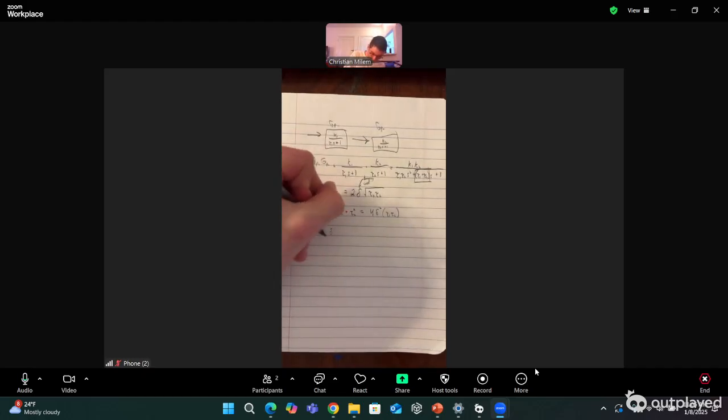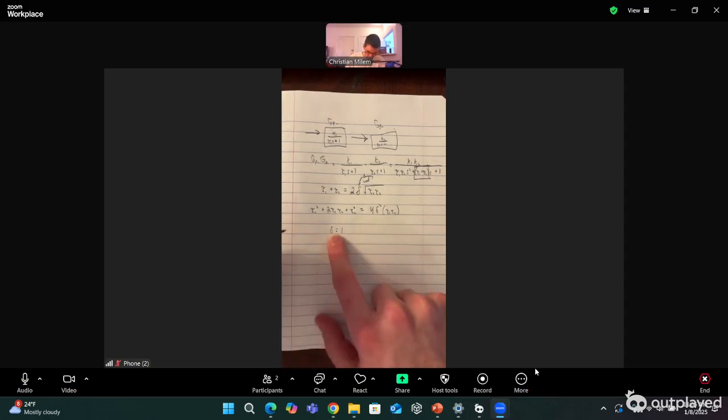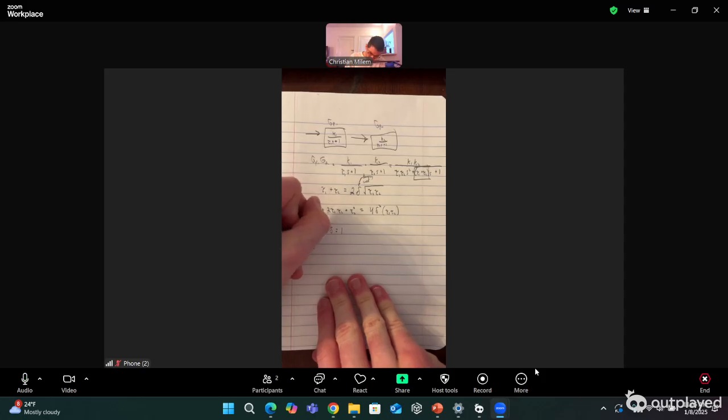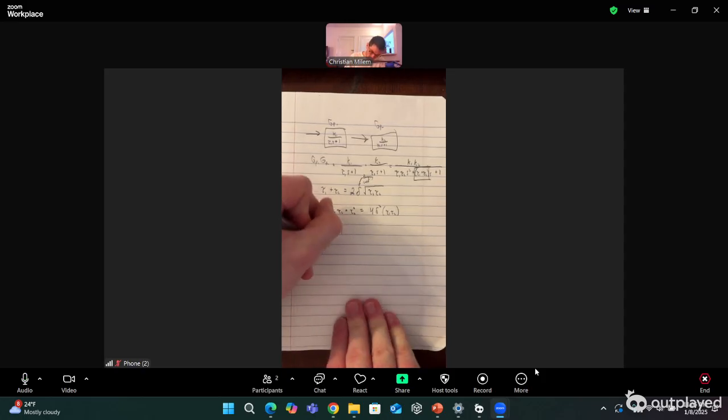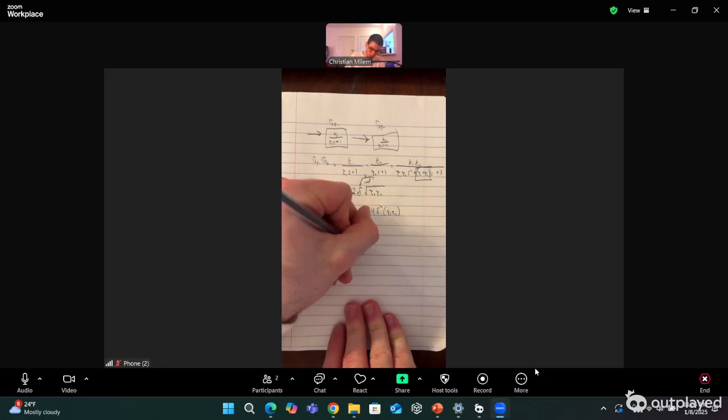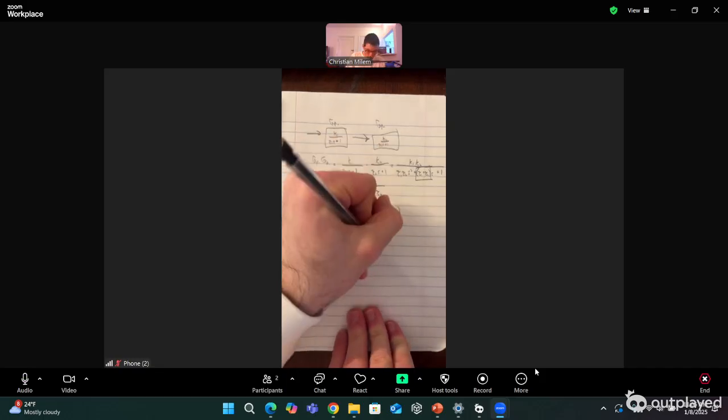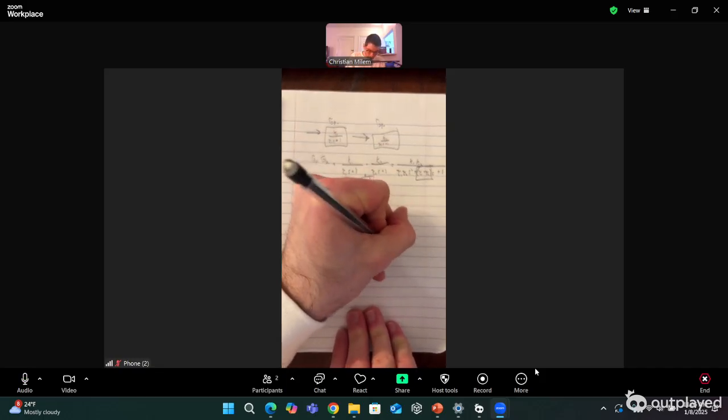So if we set zeta equal to 1, and then move everything over, we would have to prove that that expression is greater than 0. So we set zeta equal to 1. We have tau 1 squared plus 2 tau 1 tau 2 plus tau 2 squared equals 4 times tau 1 tau 2.